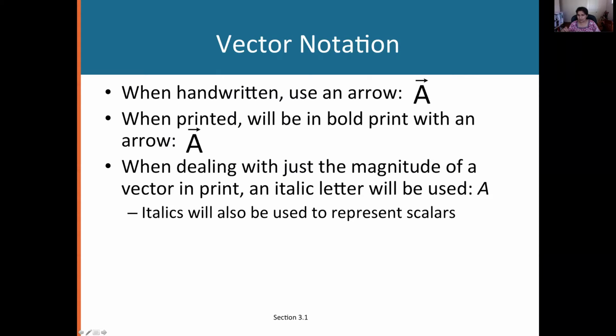So if you're handwriting, like if I write on the board or something, I'll put an arrow above it. And when you see the same letter represented with an italicized A, which is not bold, then we're just talking about the magnitude of this vector. That means how large or small the number is, which is associated with that vector. Okay, so here we are not talking about its direction, just the magnitude or the size.